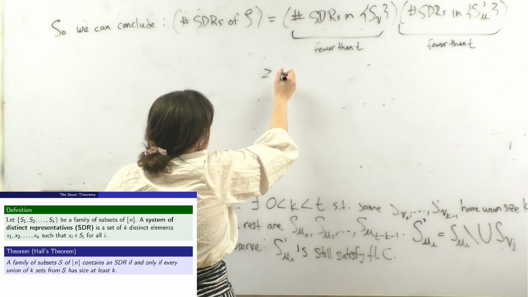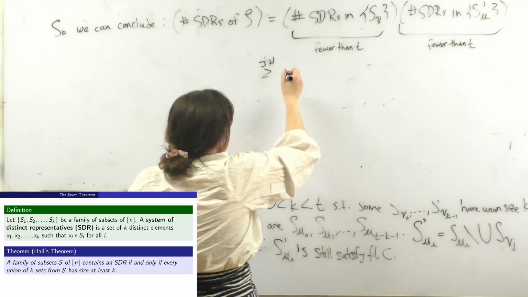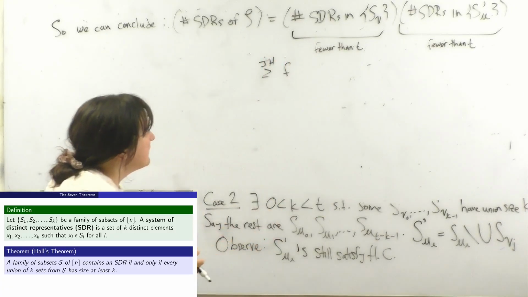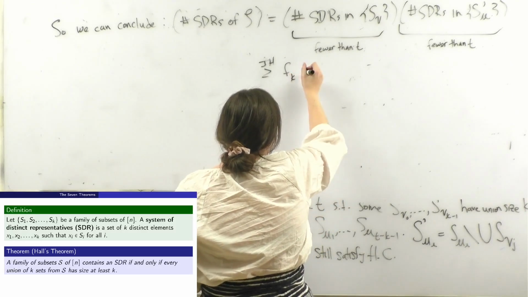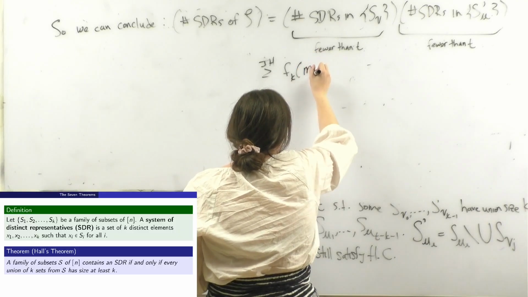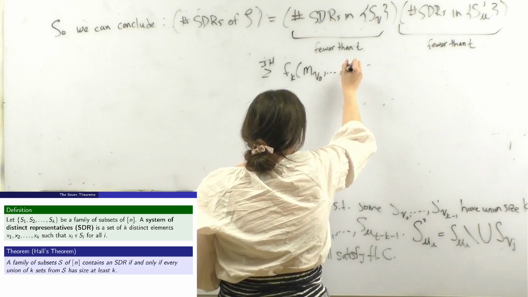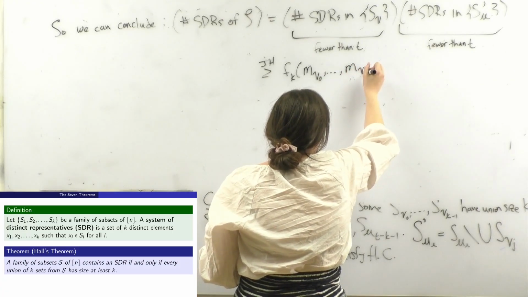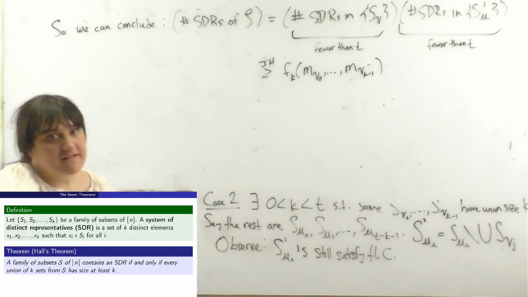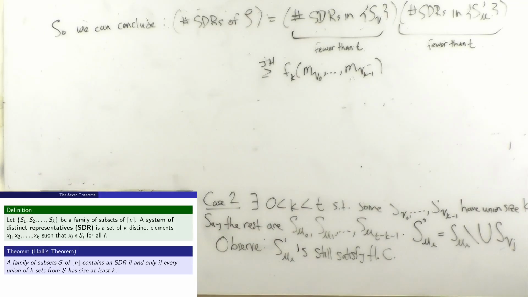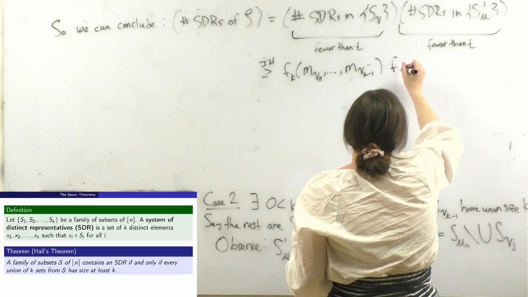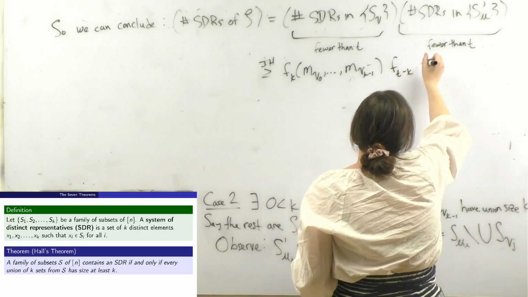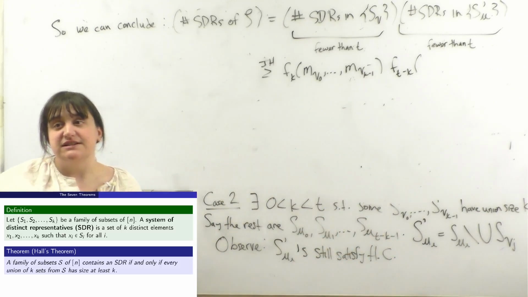So by my inductive hypothesis, this is greater than or equal to this little f_k function where I plug in the sizes of all of those nus, times this. I have T minus K sets in this second thing that I'm applying induction to.